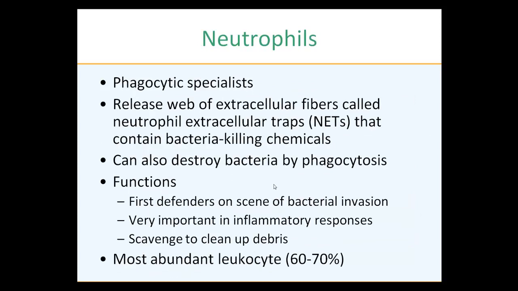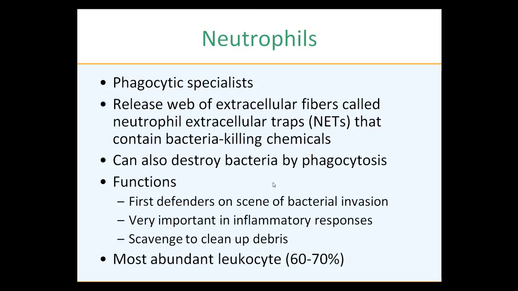If we start with the neutrophils, which we covered in great detail when we talked about the immune system, they are the specialists when it comes to phagocytosis. And you saw the video in my earlier presentation where they can chase bacteria down by chemotaxis.